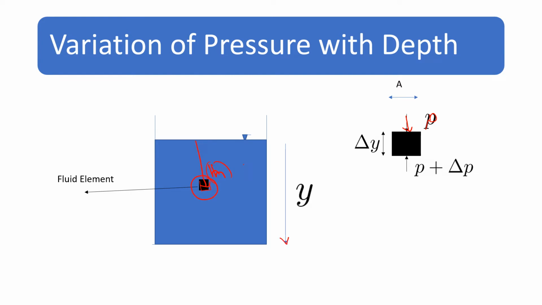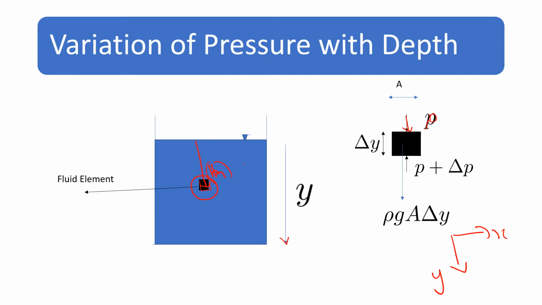So the coordinate system here we have taken like this, that is X and Y. This fluid element is at rest. That means all forces are balanced and the fluid element is in equilibrium. So you can write a force balance equation here.